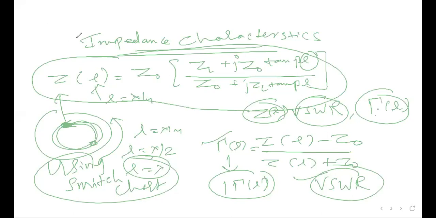Do you have paper and pen? You can calculate and tell me. Put L equal to lambda by 2. So we have tan of beta L. What is beta? Do you all remember what is beta?